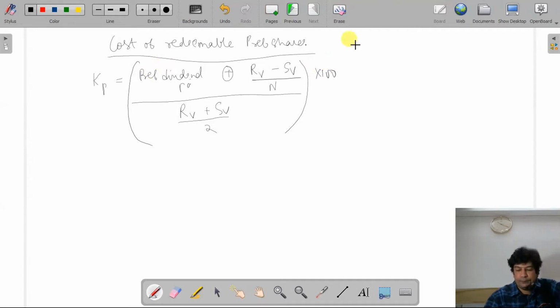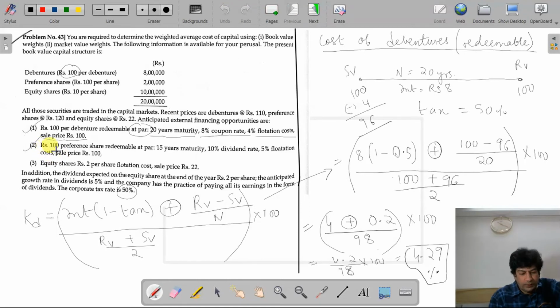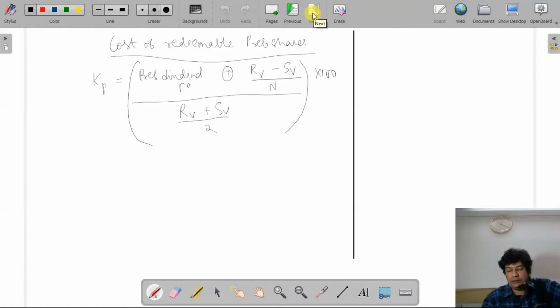So here I will be writing all the details of whatever they have given to us. So rupees 100 preference shares redeemable at par. So at par means the face value is 100 and these preference shares are redeemable at 100. So the redemption value is 100.